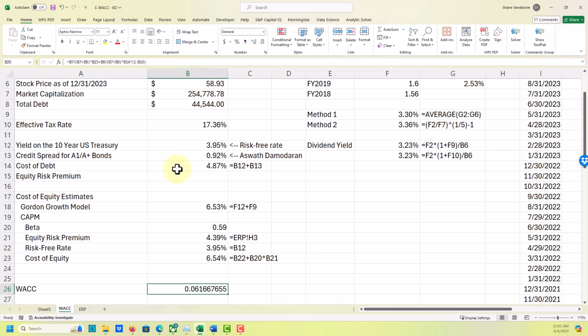And so I get a value of 6.167% for my weighted average cost of capital.